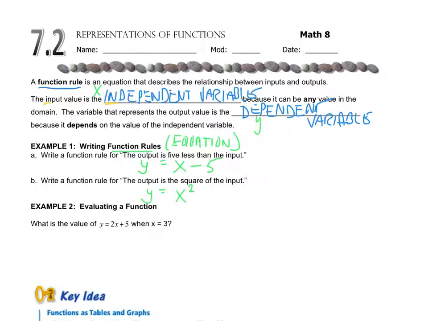When we evaluate a function, evaluating a function is really the same idea as when we say plug it in. So evaluating a function is nothing new. We just have to understand what it means to evaluate a function. So y equals 2x plus 5 when x equals 3.